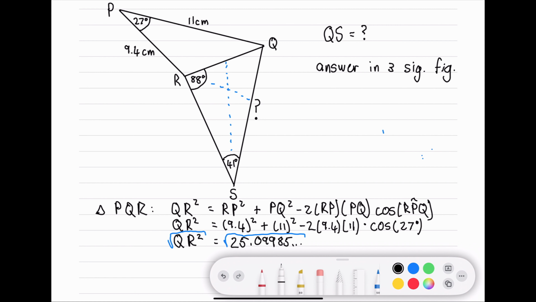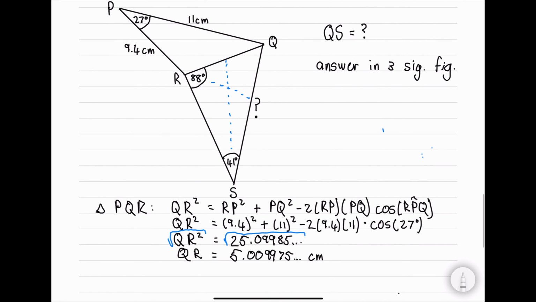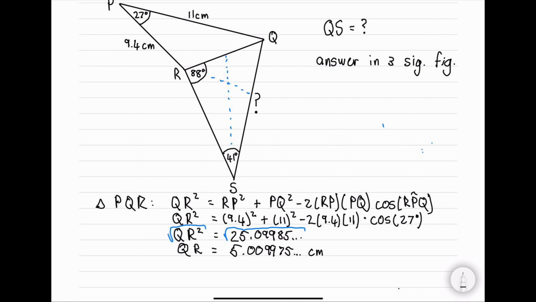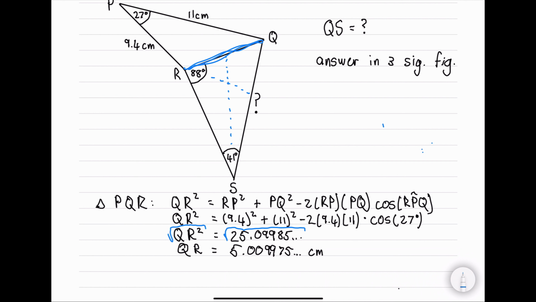And doing so, you get QR as 5.009975 and so on centimeters. Don't forget the units. Now you have QR. So you have this length. Now you can use the sine rule to get QS, and thus you will have your answer.